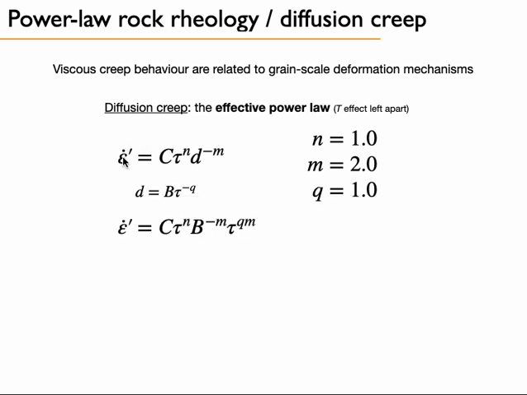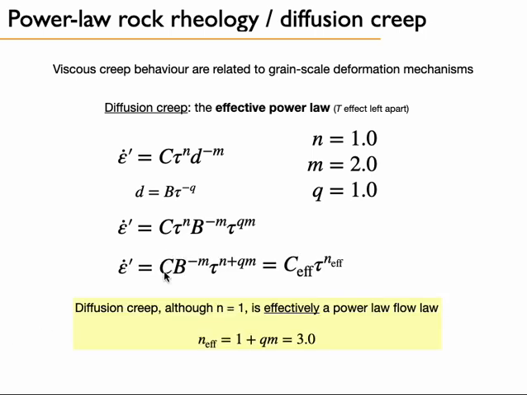If we start with this expression and introduce d equal b tau to the power minus q in the flow law, we obtain these terms here. Let's cluster the terms. We put c and b to the power minus m together, and we get tau to the power n plus q m. We call this term c effective, and we call this exponent n effective.